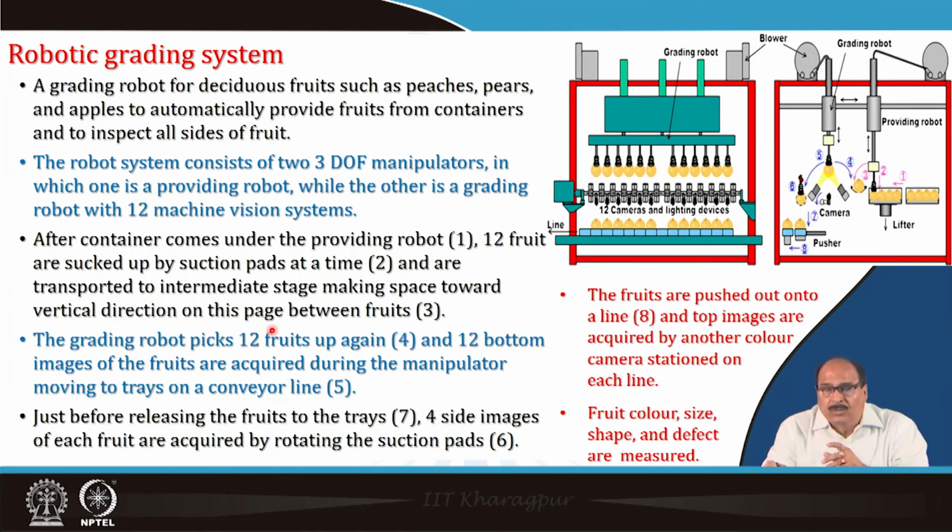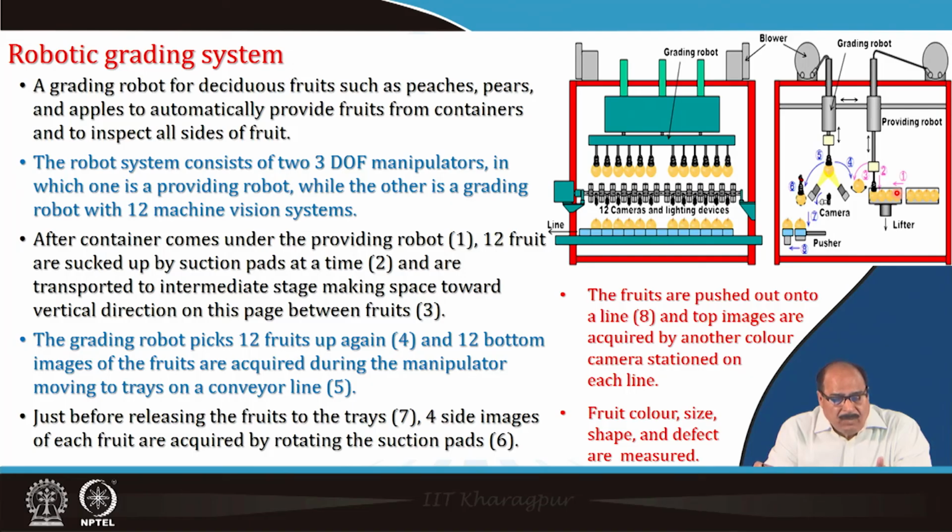This robot system in this figure consists of two 3DOF manipulators, in which one is a providing robot while the other is a grading robot, and the grading robot has 12 machine vision systems.